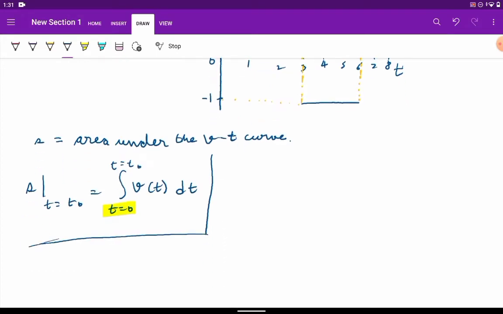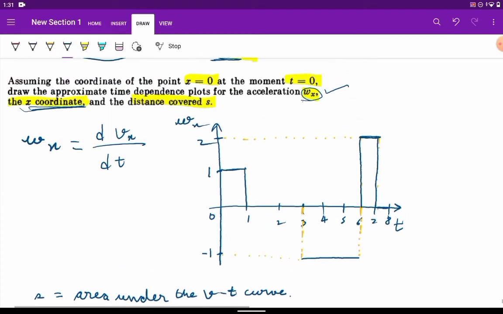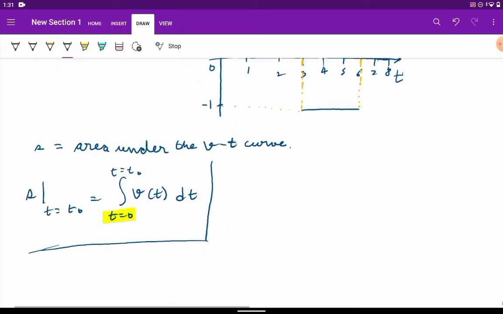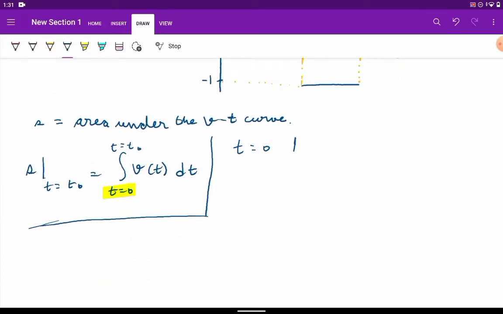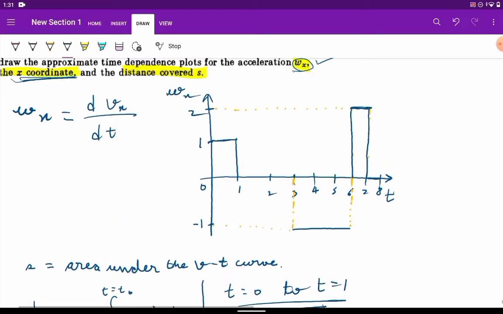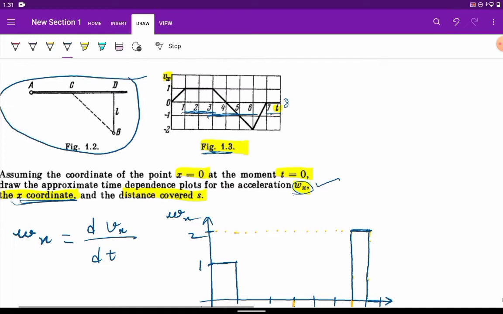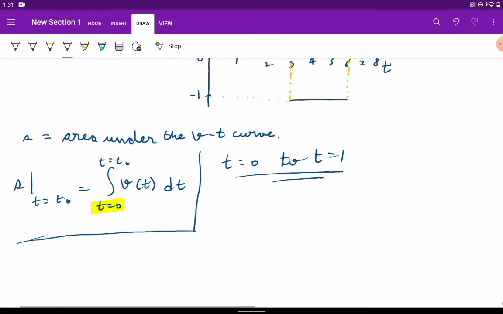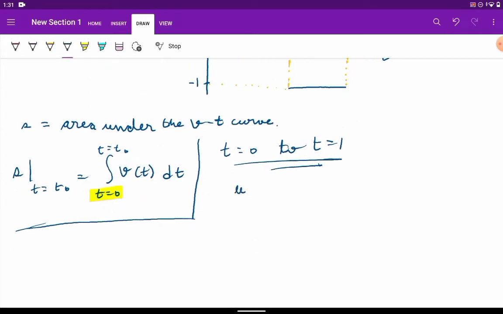So let's say from t equal to 0 to t equal to 1, what's happening? The initial velocity u, only for that span. Actually, you know what, we'll have a general equation. I think that's better.